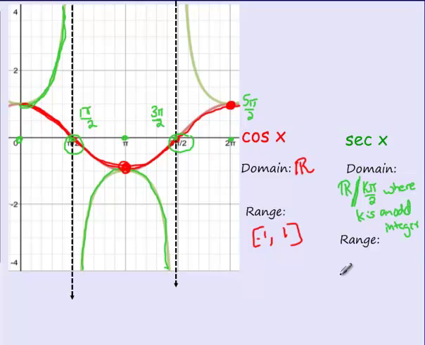Its range, well, it's much like the cosecant because it goes incredibly low. We don't know how low it goes. Keeps going. And then it hits -1. Skips, make our union sign, starts again at 1 and goes on to infinity. And once again, being careful with the difference between our square brackets and our round brackets.